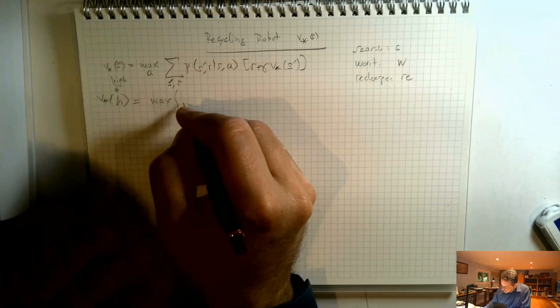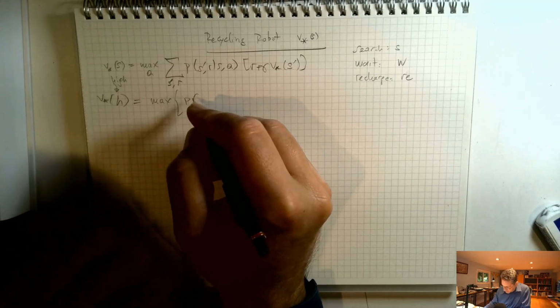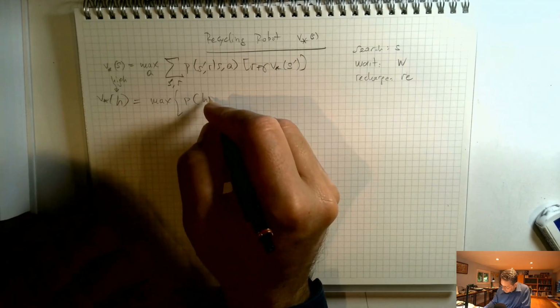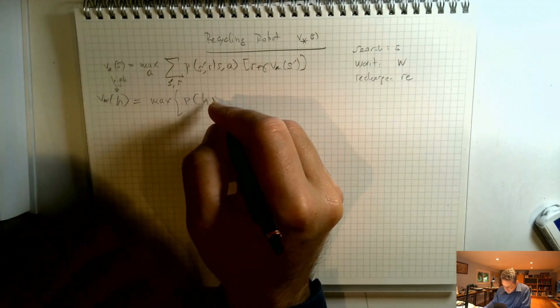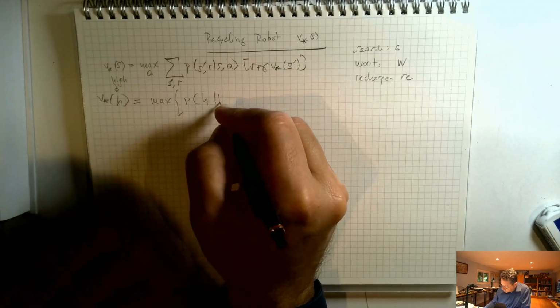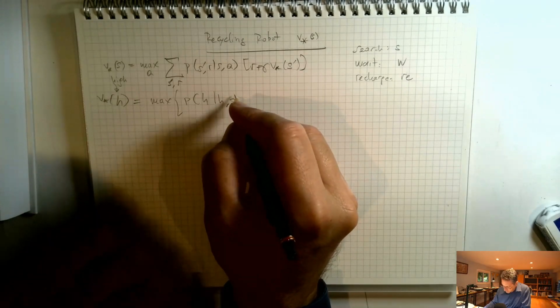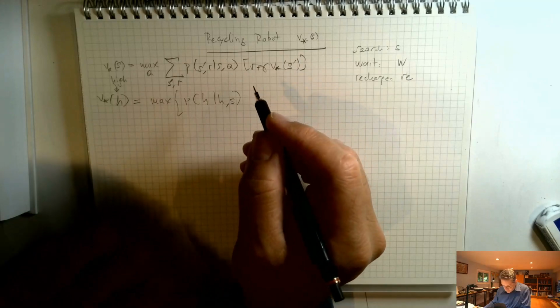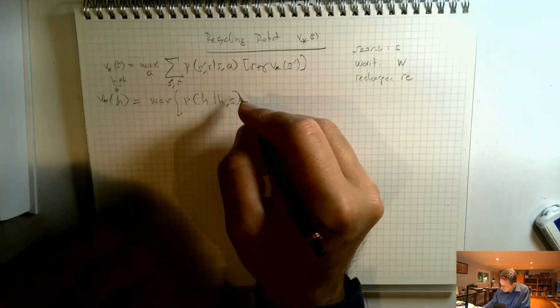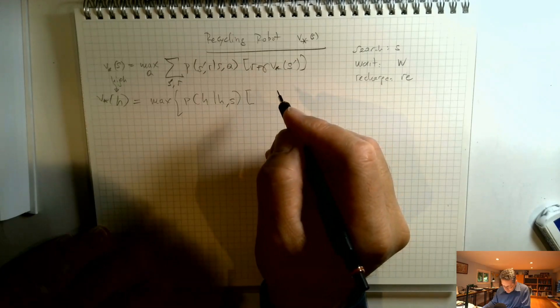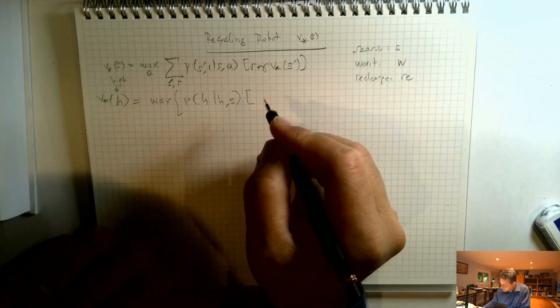So first it is the probability of S prime being high, given that we are in high and we are searching, of the reward.